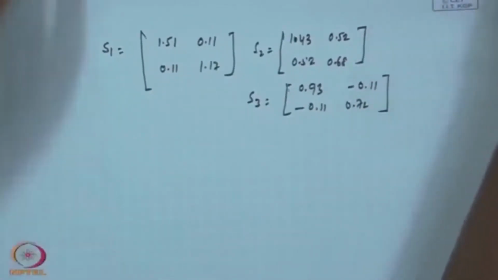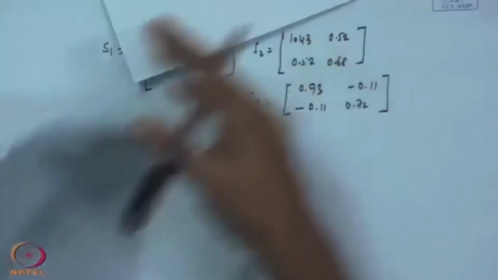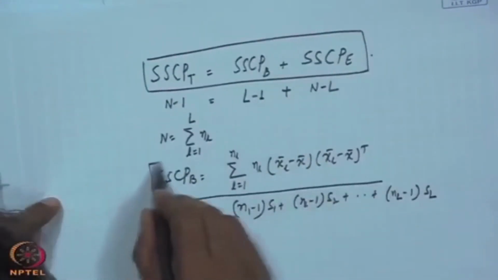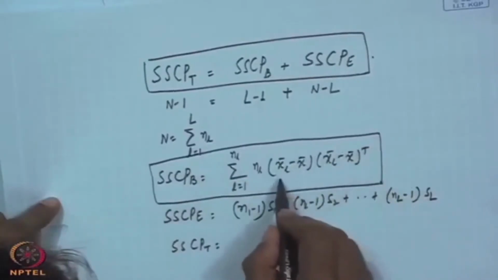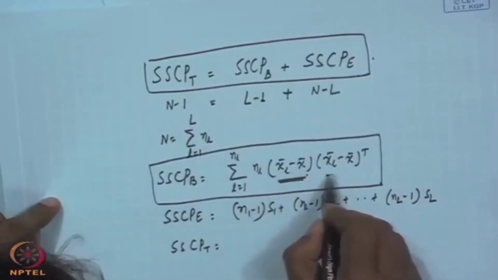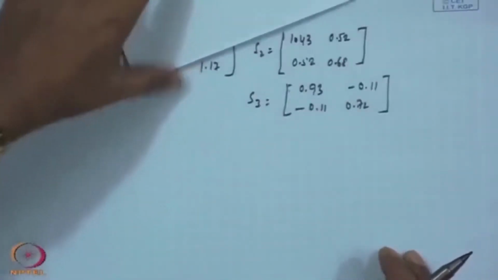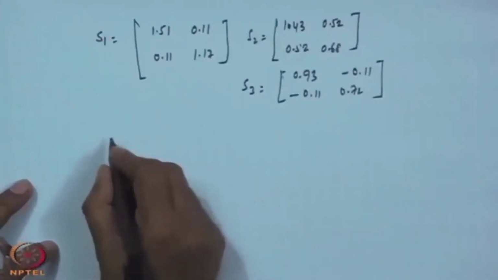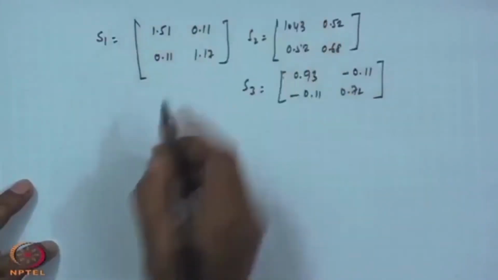Now, we want to calculate SSCP B first. If you require to calculate SSCP B, you require x_l bar minus x bar and its transpose to be multiplied. So, I am writing the formula.